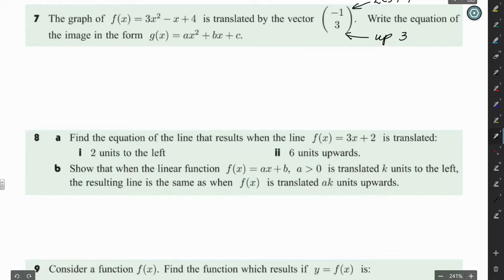Right? So when we are rewriting this function for g of x, we're going to put x plus 1 inside the parentheses because we're moving the whole function left 1. And then we're going to tack on a plus 3 at the end because we are also translating the vector up 3. So let's go ahead and do that.